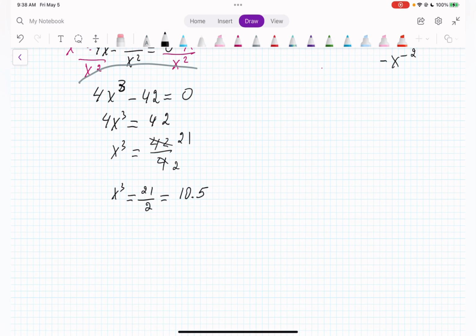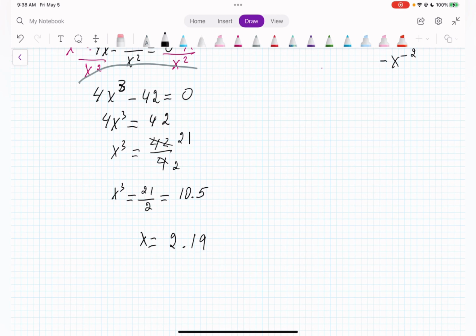Okay, let's take the cubic radical, and we will get the answer. Let me see. The cubic radical of 10.5, I get x is equal to 2.2 decimals, yeah, 2.19.